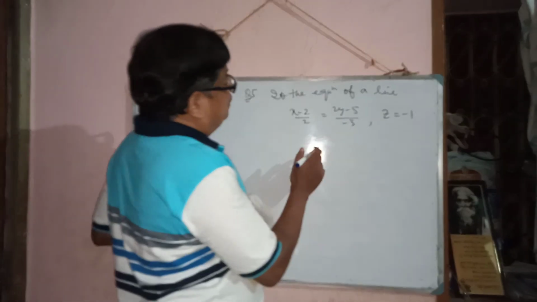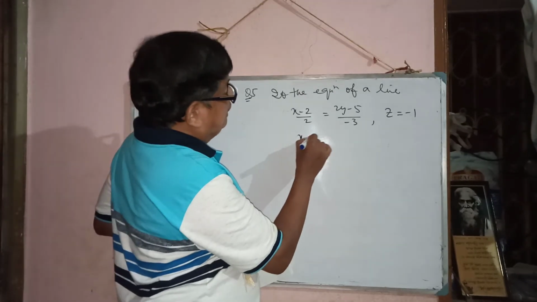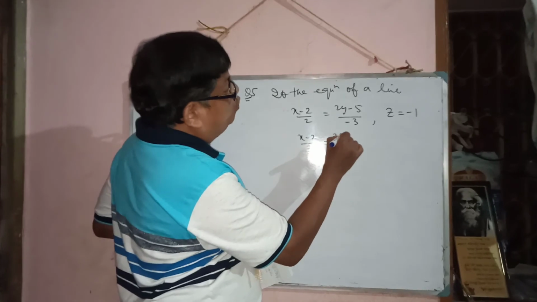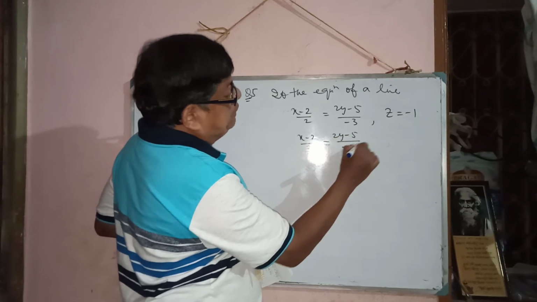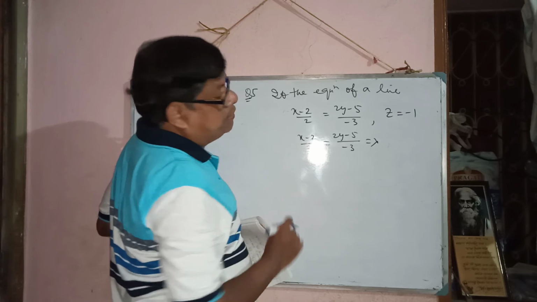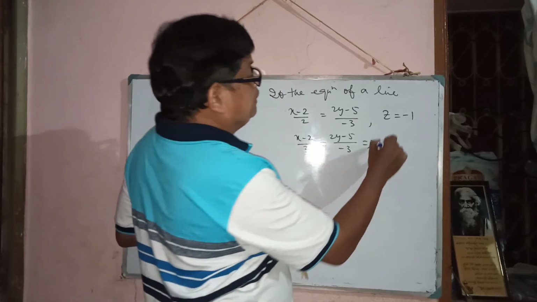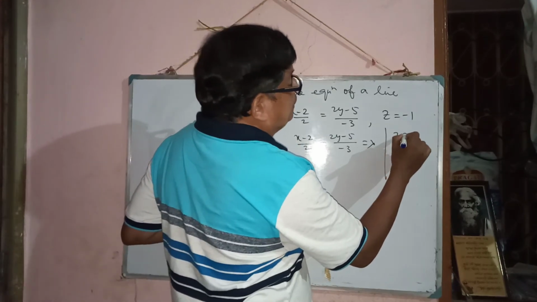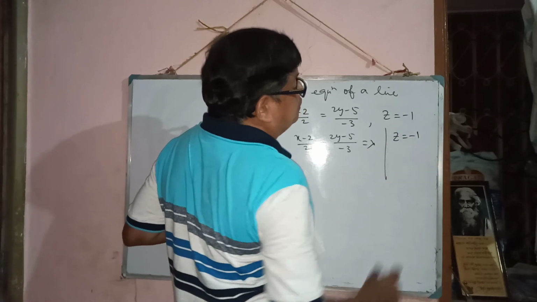These two are equal, so you can consider x minus 2 by 2 equal to 2y minus 5 by minus 3 equal to lambda. And z equal to minus 1.